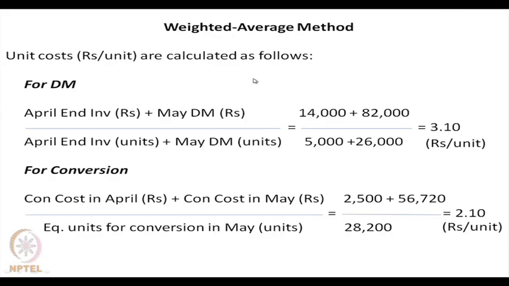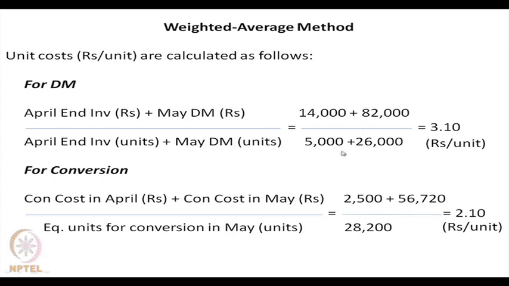First of all, let us understand that there is a certain amount of direct material used in April and a certain amount of direct material used in May. Therefore, what we have to find is the total amount spent on direct material in May and in April end inventory, that is the remaining amount 5,000, and the total quantity.